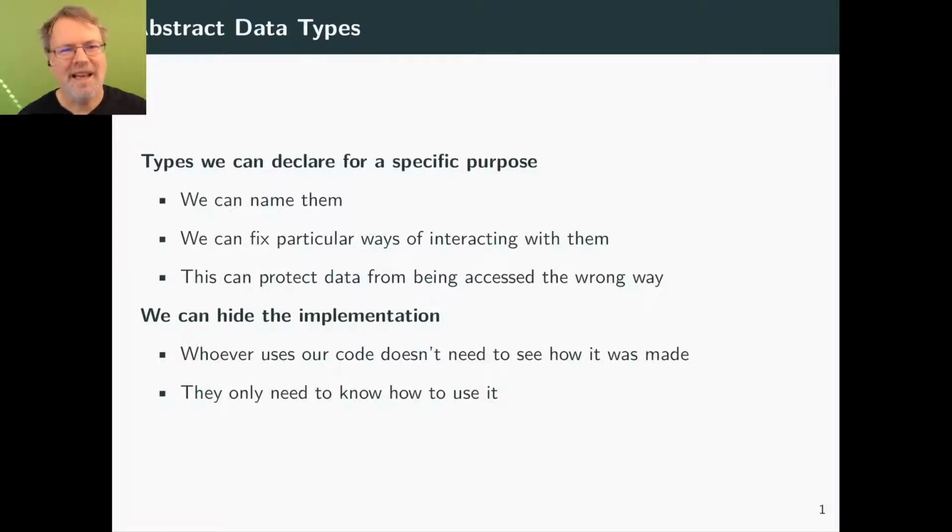Abstract data types. What are they? I'd actually call them a mathematical model. That's the most comfortable way for me to think about them. They're a mathematical model with formally specified operations that do particular things, theoretically specified objects. So they're a theoretical notion.